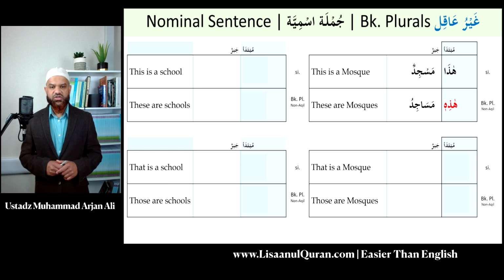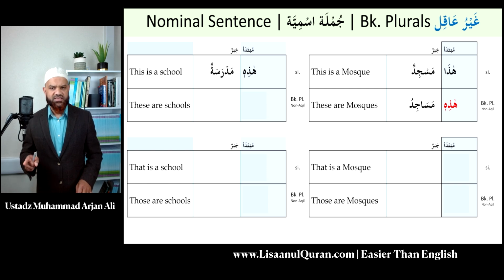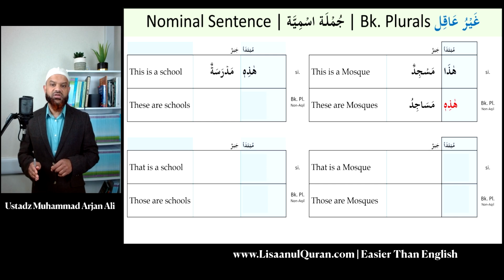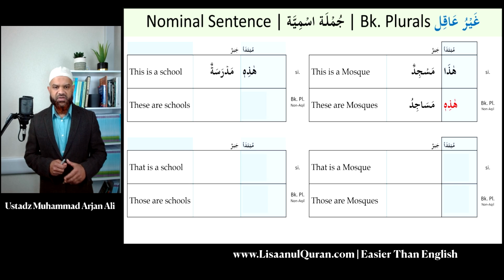Hadihi masajidu. Now, if I'm pointing to a school, which is feminine, singular, one school, I will say madrasatun. But the demonstrative I will use is hadihi, singular feminine. Whereas with the mosque, originally the word mosque is masculine. It doesn't matter. It will still be treated as feminine.